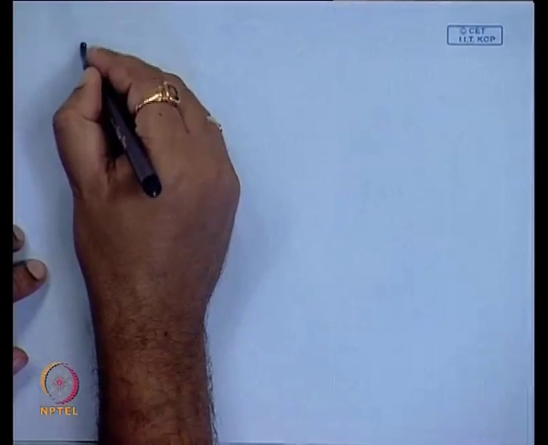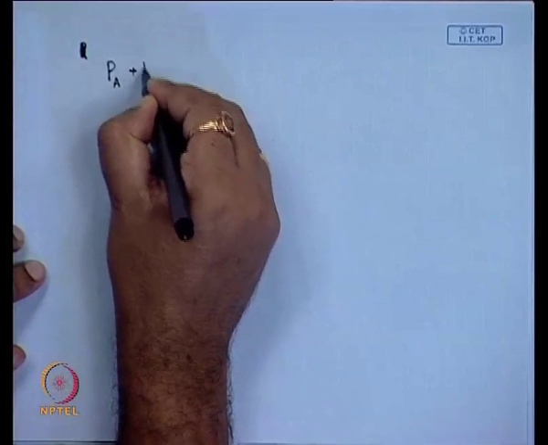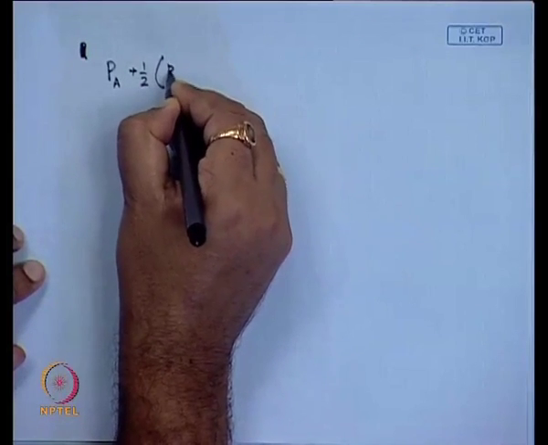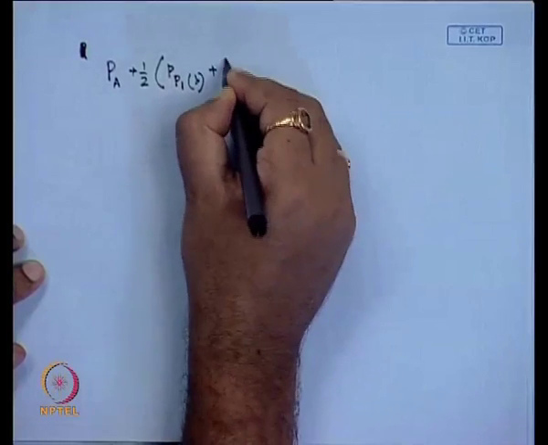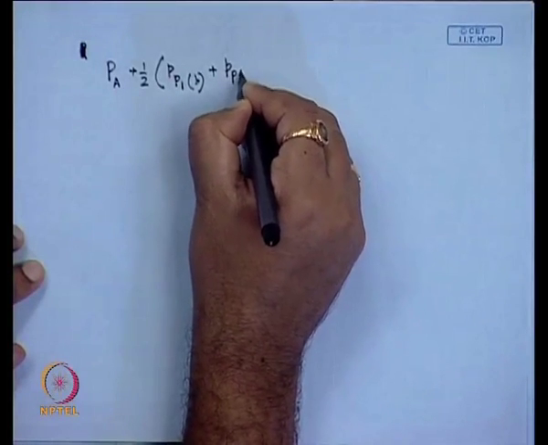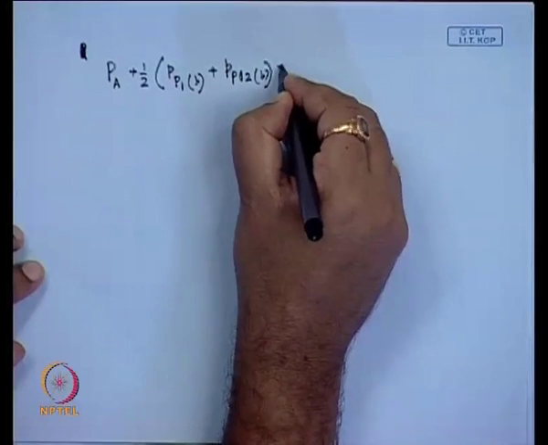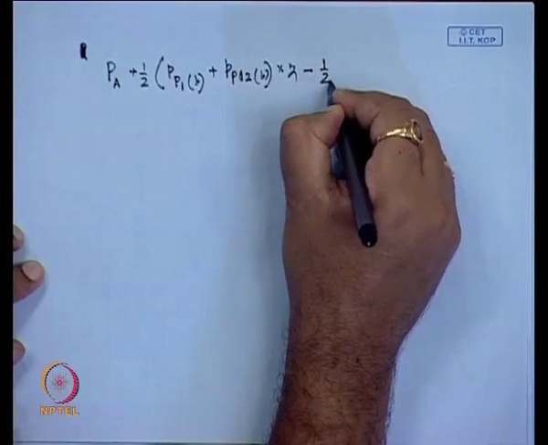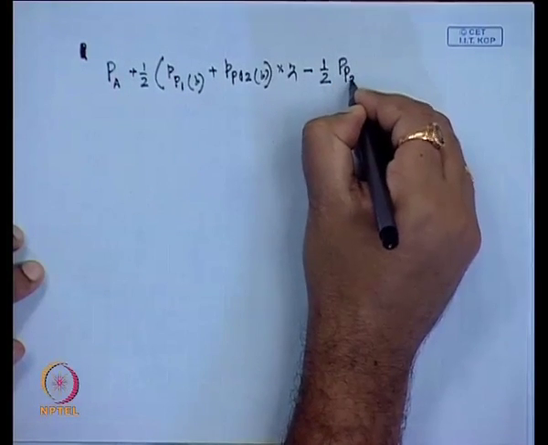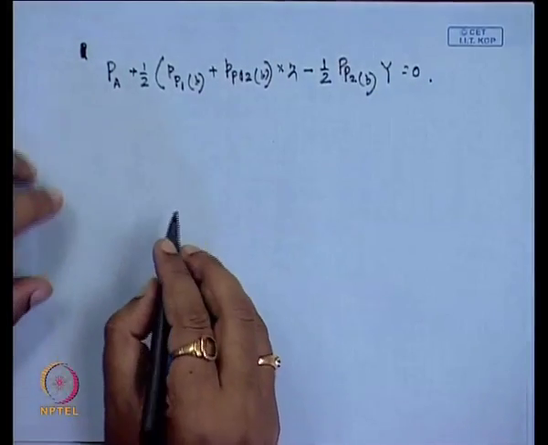Now, if I write this expression again, P A plus half into P P 1 B plus P P 2 B into Z minus half P P 2 B into y, this is equal to 0.